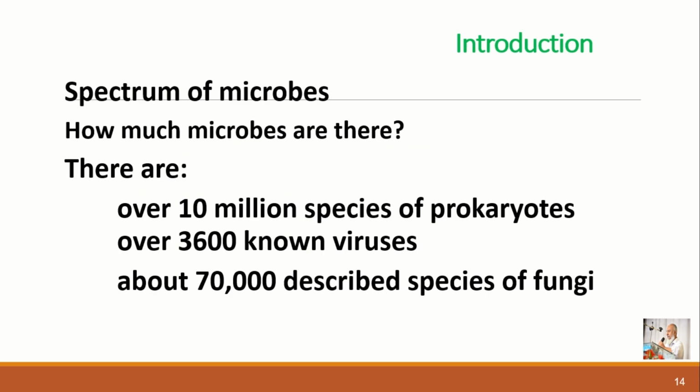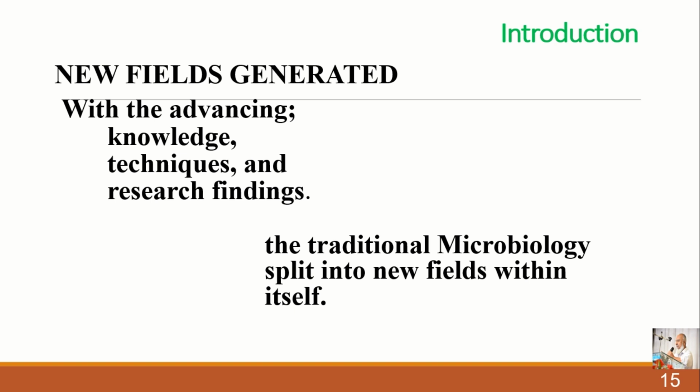Spectrum of microbes: how many microbes could be there? There are over 10 million species of prokaryotes, over 3,600 known viruses, about 70,000 described species of fungi, and many more.